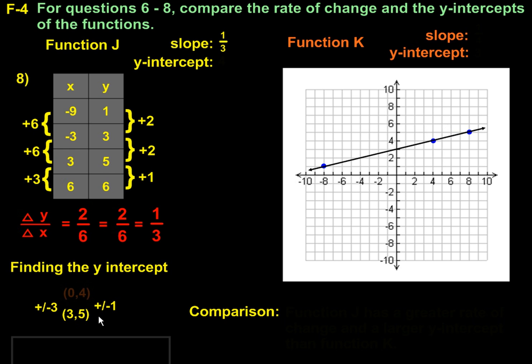And if I do that, I'm going to move 1 place on this side, and that's going to give me a 4 for my y value. So that tells me that my y-intercept is 4. So now I know the slope and the y-intercept for function j.